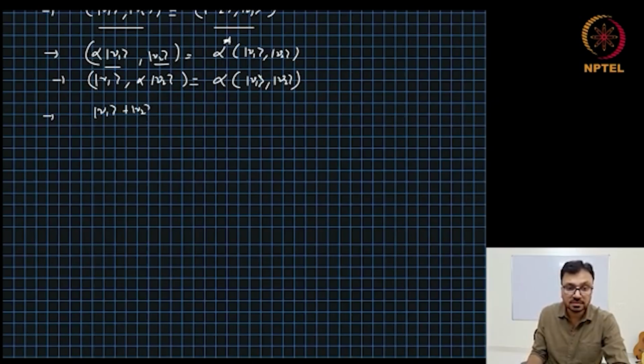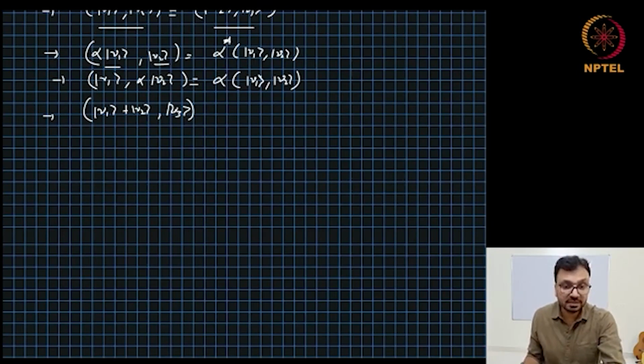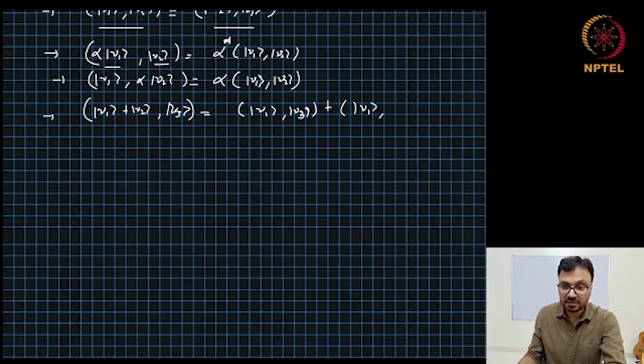then there are some simple relations, V1, V2, V3 with three vectors, such that we are taking the inner product of V3 with the sum of V1 and V2, then it can be decomposed as V1 inner product V3 plus V2 inner product V3.